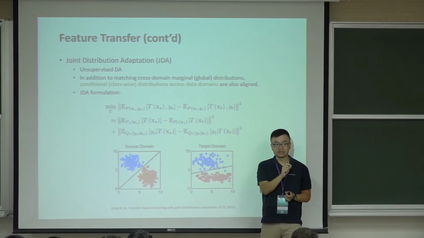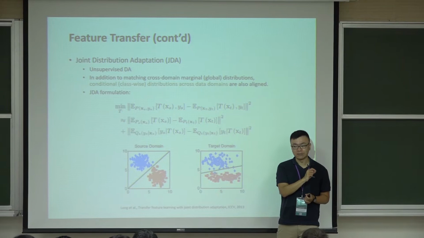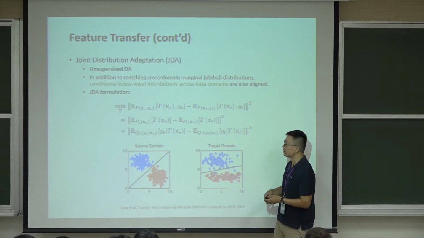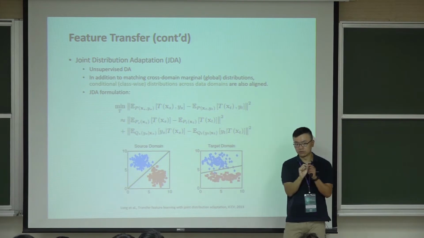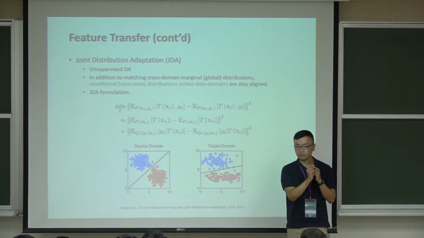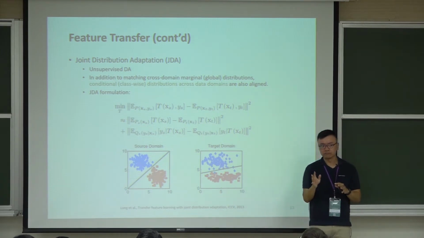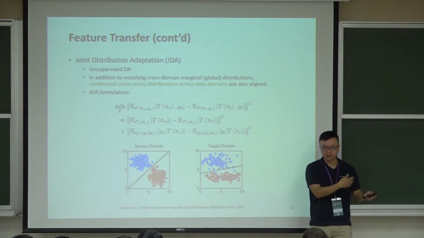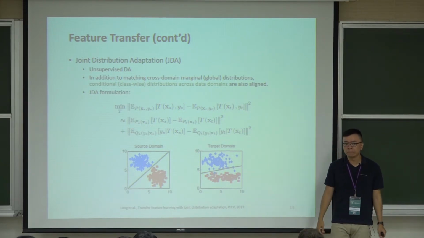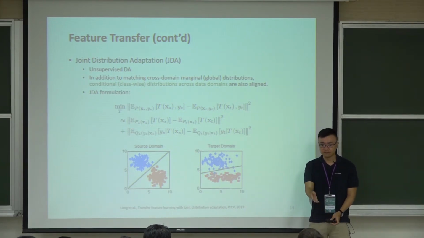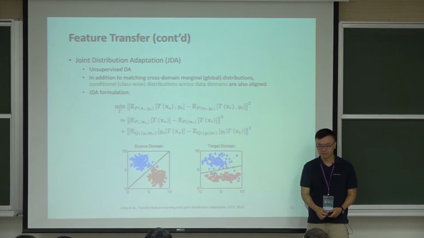Once they predict the initial label assignment for the target domain data, then they can also make the class-wise mean close to each other as well. And they can do this iteratively until the loss converges or until the number of iterations reaches the maximum, etc.